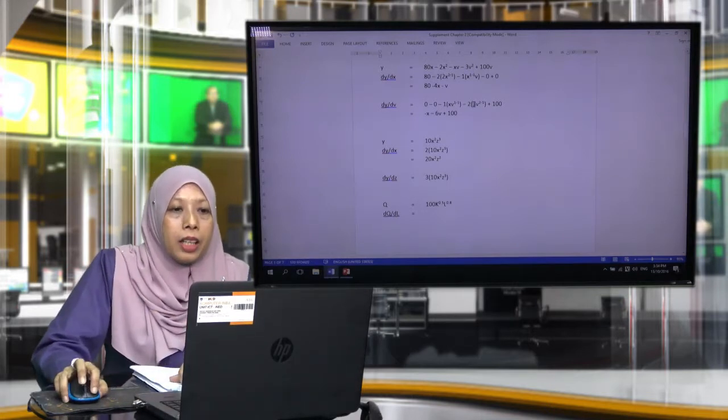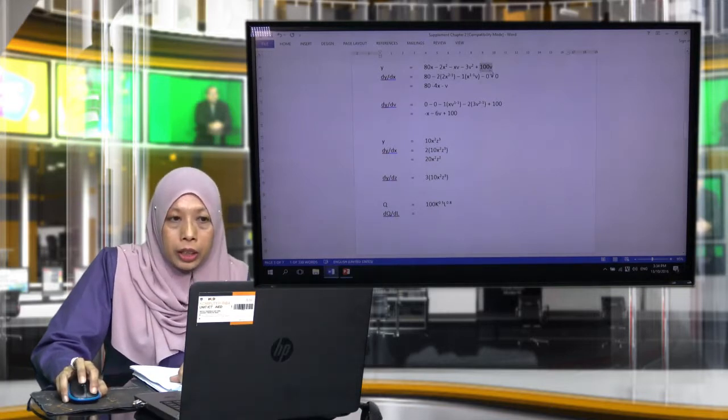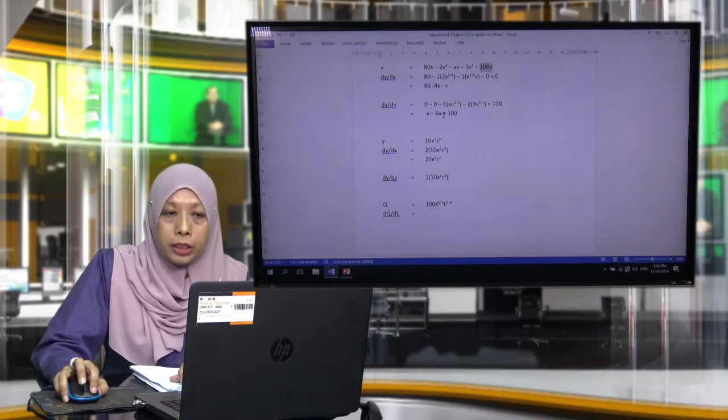The third subfunction is 3v squared. You want to differentiate with respect to v. So you need to bring down your exponent 2. Write down the original function, 3v squared. And the third step, you need to reduce the exponent by 1 unit. And the last function, 100v, this is a line function.